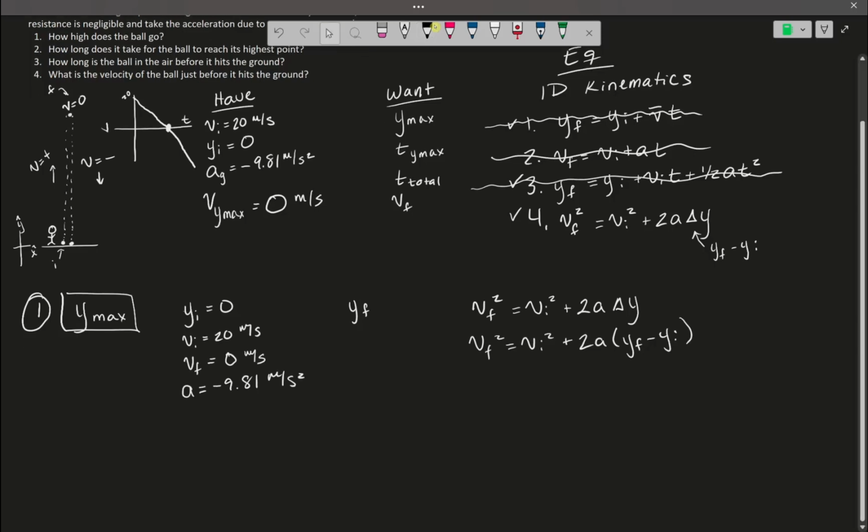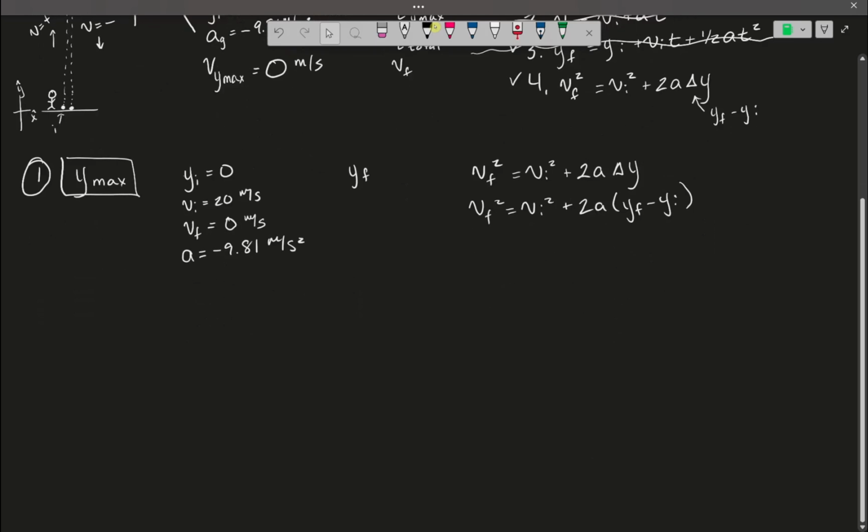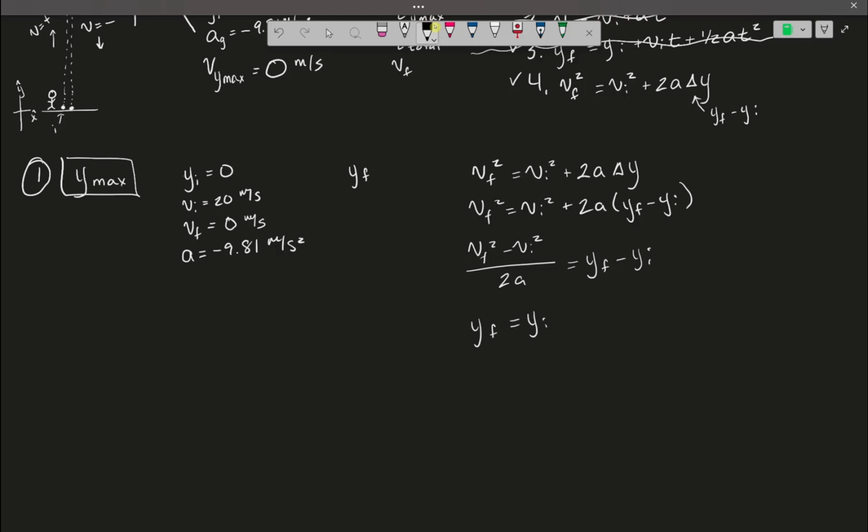And the next thing I'm going to do is solve this so that I have y final by itself. So I am going to have final minus initial. I can divide by 2a. This is going to give me y final minus y initial. I'm going to flip it and move that y initial over to the other side.